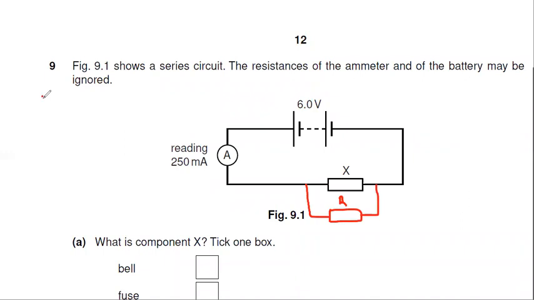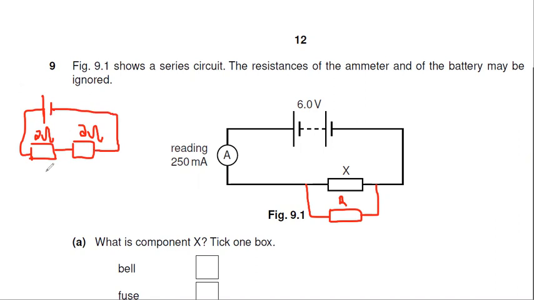We know before that if we have, for example, two resistors, one resistor of 2 ohms and another resistor of 2 ohms, in a series circuit, the total resistance, if we draw the circuit again with a total resistance, should be 4 ohms.